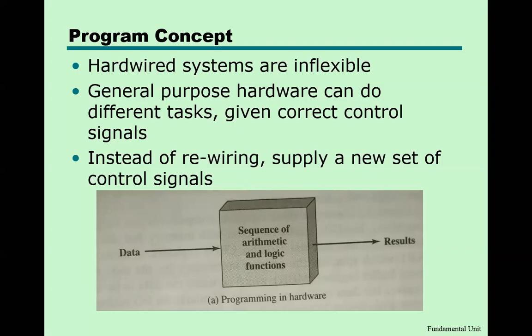In the program concept, before the computer there were different devices where you could do different types of mathematical operation, like a calculator. So consider a calculator, and hardware systems are inflexible. You can understand this statement. How is the calculator inflexible?